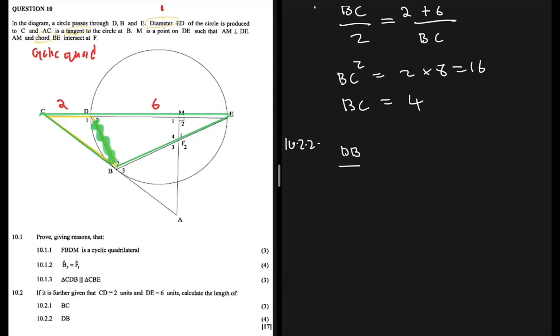So we can say DB divided by some side is equal to the second smallest side in our big triangle. That is BE, right? So let's put BE there, and then divided by, and then we can divide by any two sides that we have, and we'll still keep our proportionality, right?